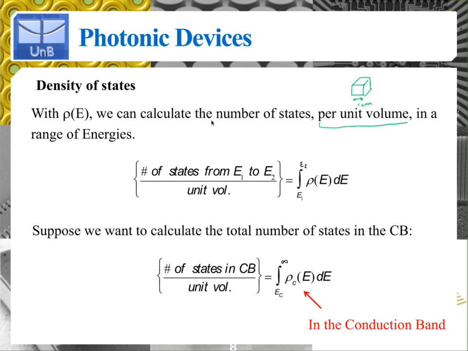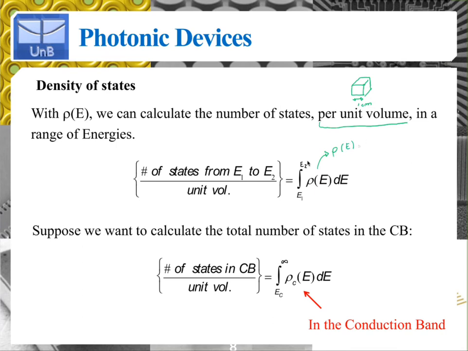But if, for example, we want to calculate the number of states available in the conduction band, starting at a lower energy level, E1, up to a higher energy level, E2, per unit volume, we just integrate the density of states over energy between the two limits, E1 up to E2. This is because, as we've said, rho is the number of states per unit volume, but also per unit energy.